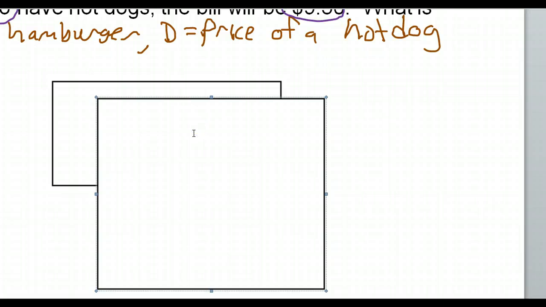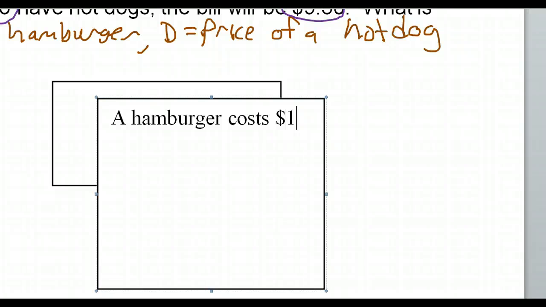A hamburger costs $1.50. All right, that was the actual answer to the question. The rest of this is extra information.